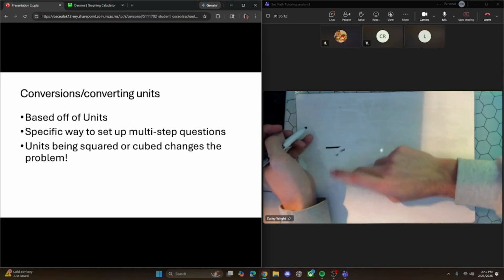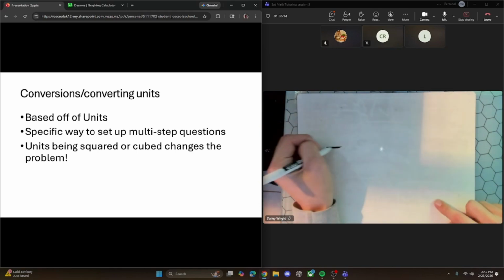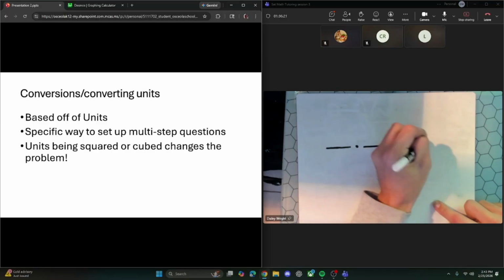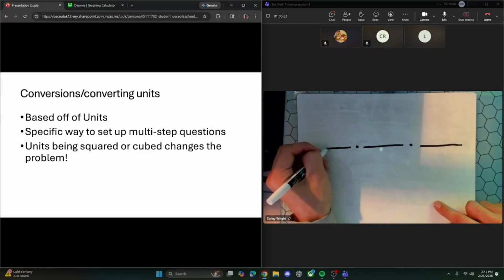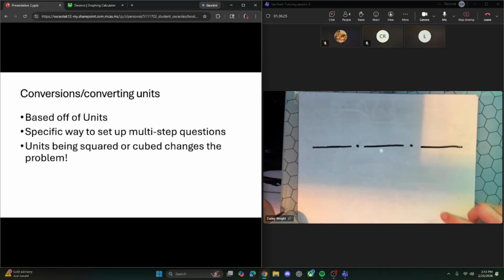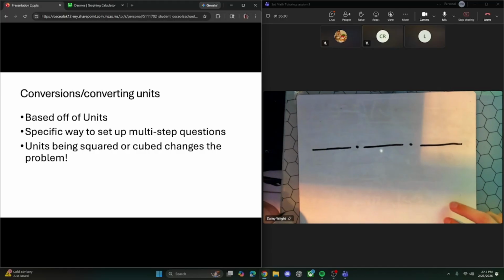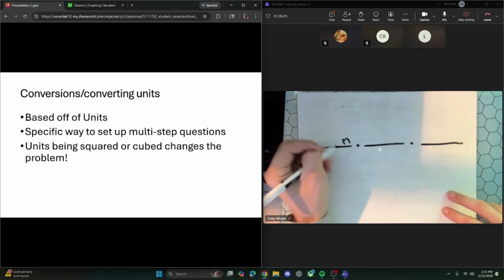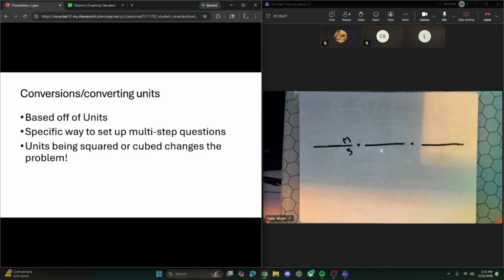Fraction multiplied by fraction multiplied by fraction. And then you write the units you have at the top and the units it's per at the bottom. So let's say you have meters per second and you wanted to go to meters per minute.